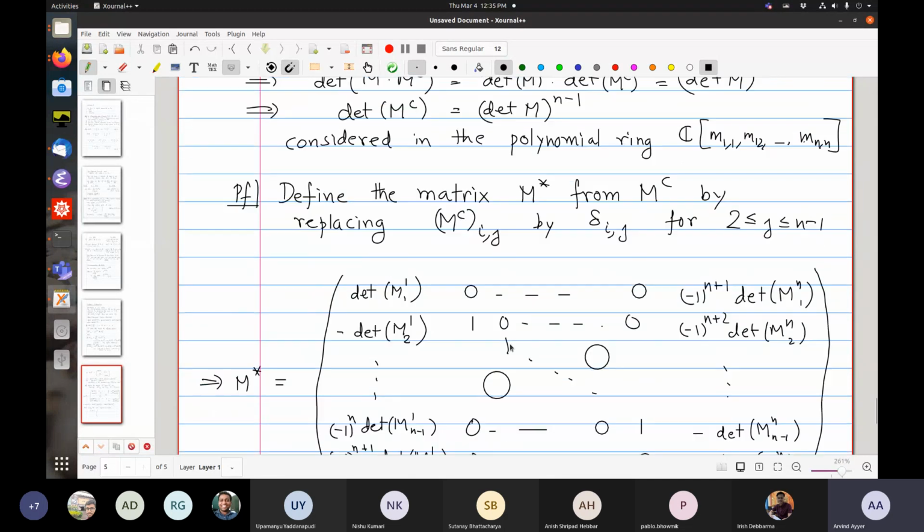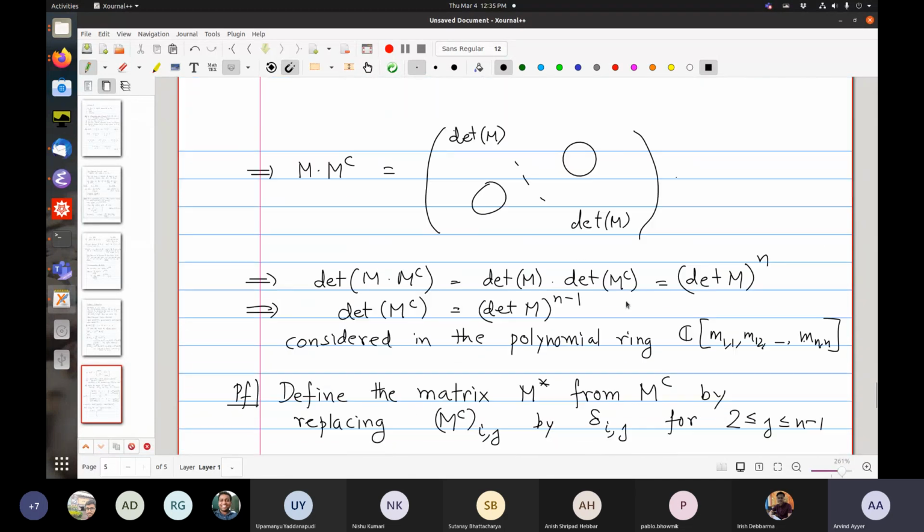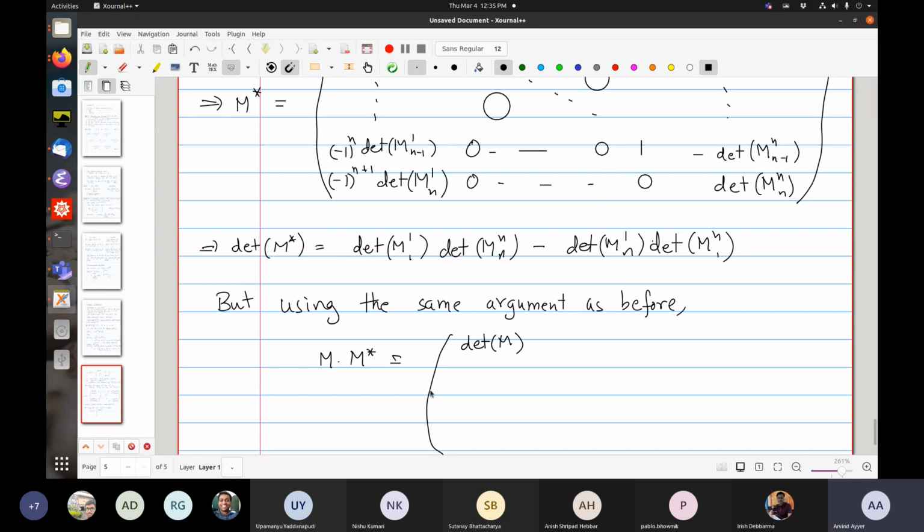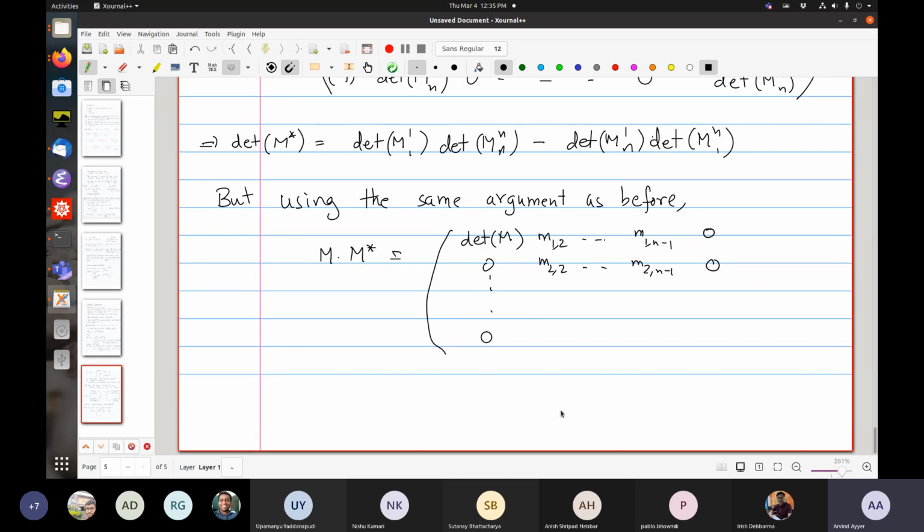So the first column behaves like the determinant, and similarly the last column behaves the same. So I have 0 all the way down. But the remaining columns act just like the identity. So I have then M12, M1 n minus 1, M22, M2 n minus 1, and then 0, 0. Okay, whatever, you get the point.